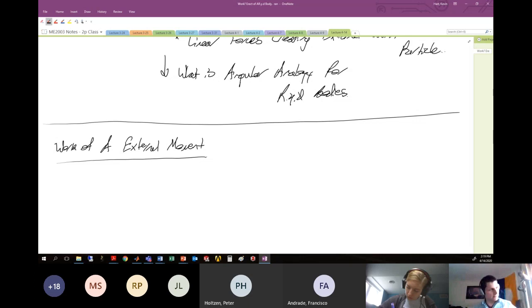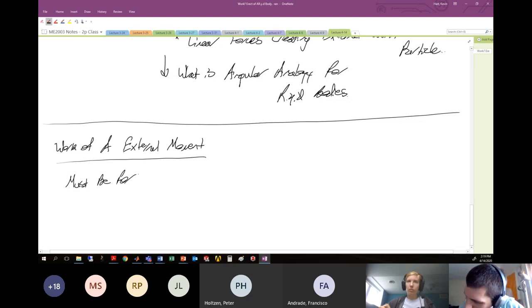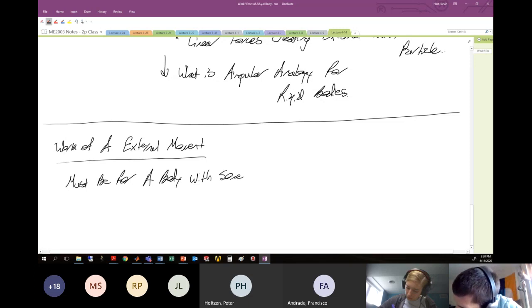A moment on a particle is not really going to generate a lot of work, and I'll talk about what that is in just a second. So this must be for a body with some volume.